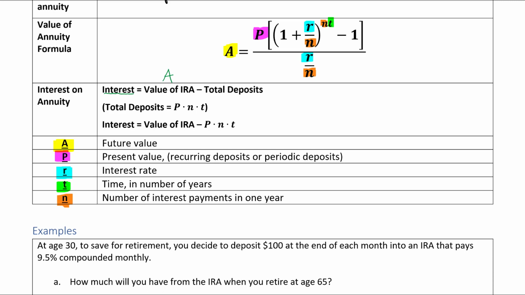Now the total deposits would be P, the thing that you're depositing each periodic period, times the number of payments that you do in a year times the number of years, and that will get you the total amount of deposits. If you subtract that off the value of the IRA, which is the A, then you'll get the interest. So this right here, interest equals the value of the IRA, that's A, minus P and T will get you just the interest if you're looking for just the interest.